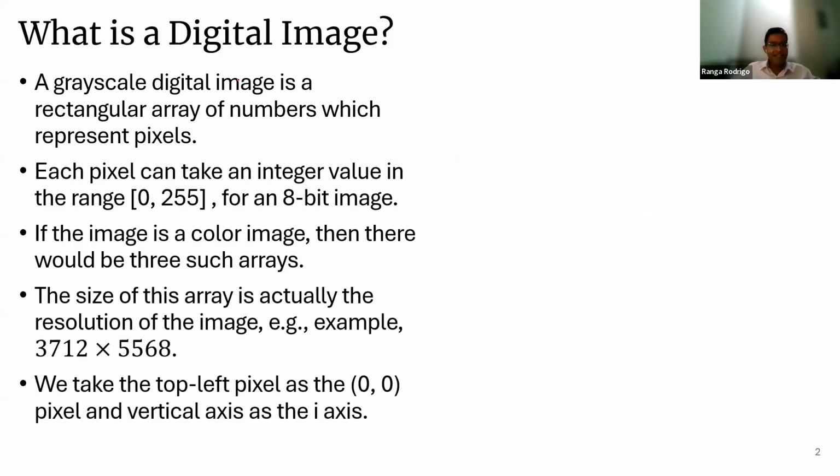A grayscale digital image is a rectangular array of numbers which represent pixels. Each pixel can take an integer value in the range from 0 to 255 for an 8-bit image. Now, these numbers at each location of this image are of 8 bits in size.